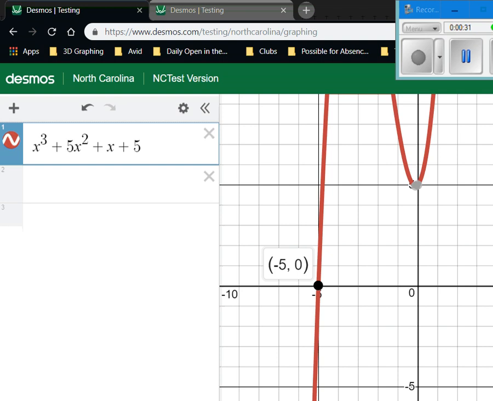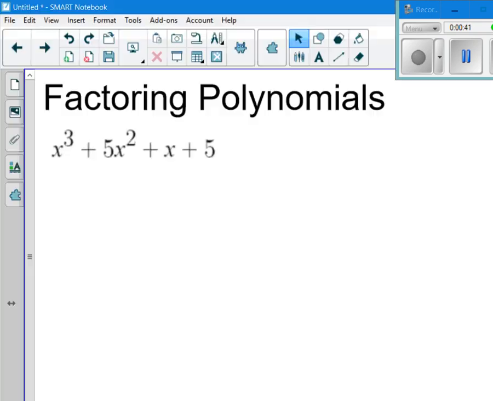If we go back to the rational zero theorem, that states that the leading coefficient of the first term, that x cubed, is 1, and the constant is the 5 back over here.